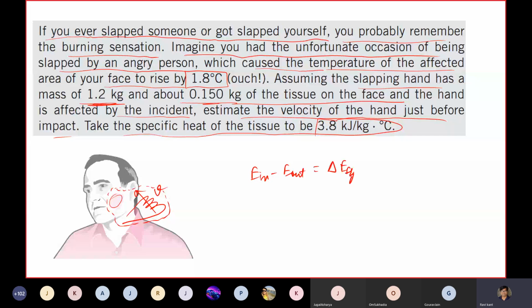This is not a stationary system since your hand is moving with some velocity. So this is delta U plus delta kinetic energy of your hand. And this E in and E out, I will take as 0. So the change in internal energy is nothing but the change in internal energy of the tissue: M tissue, C tissue, T2 minus T1, plus the kinetic energy of the hand with some velocity.